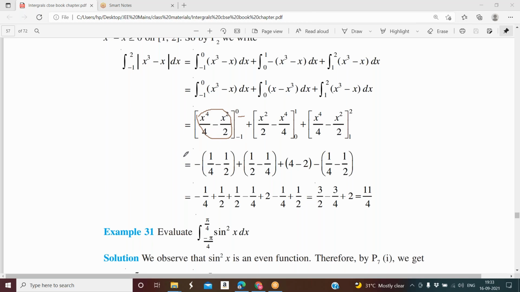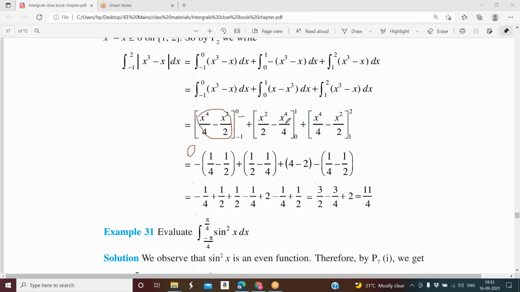Upper limit minus lower limit. So upper limit is 0, so 0 minus lower limit. Open the bracket, substitute the lower limit. Minus 1 power 4 is 1, so 1 by 4 minus 1 square is again 1, so 1 by 2. So what you're getting in the lower limit? 1 by 4 minus 1 by 2.